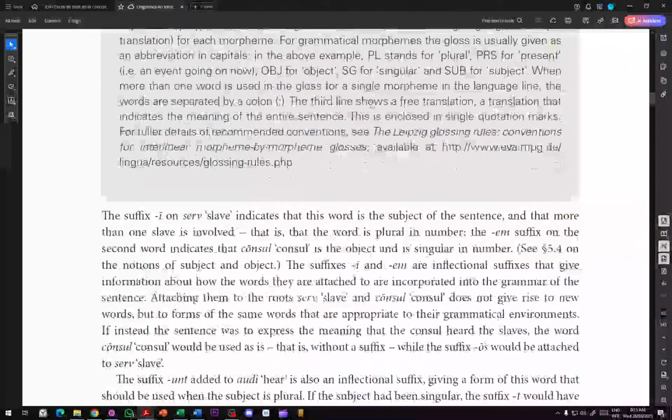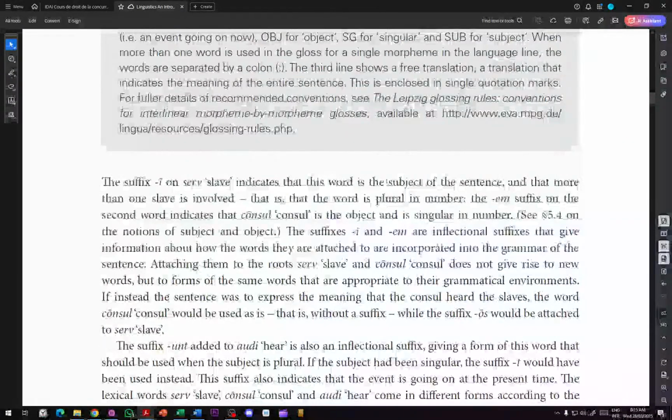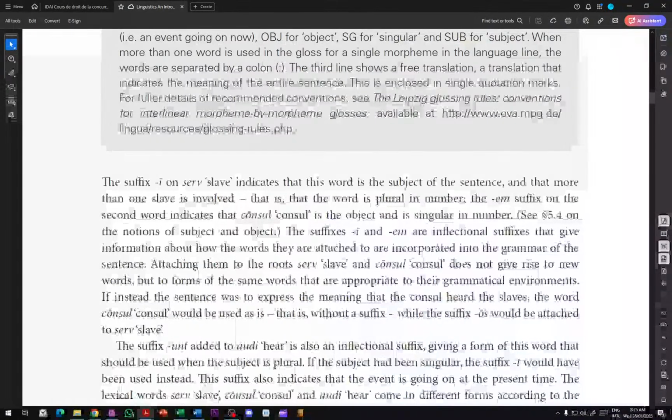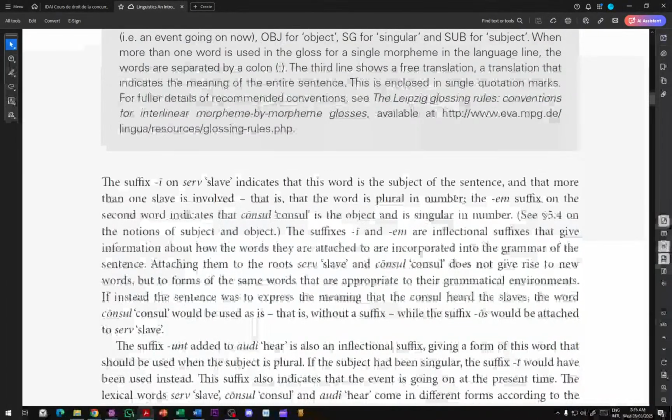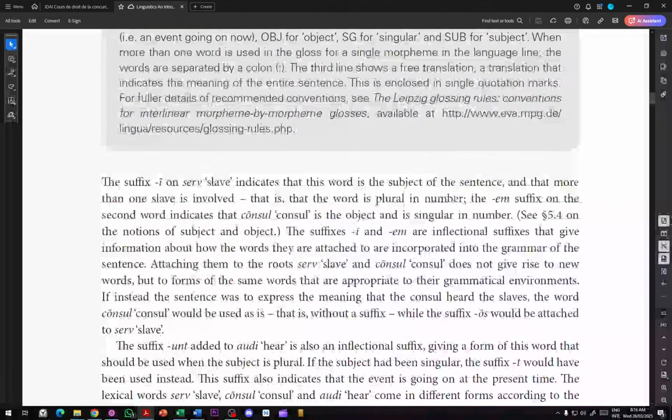That is, this word is the subject of the sentence and more than one slave is involved; the word is plural in number. The m suffix on the second word indicates the console is the object and is singular in number.